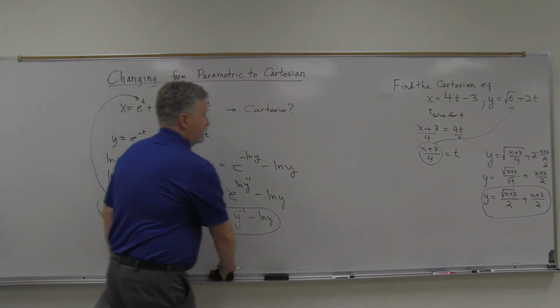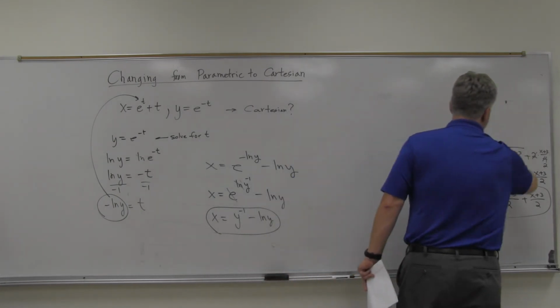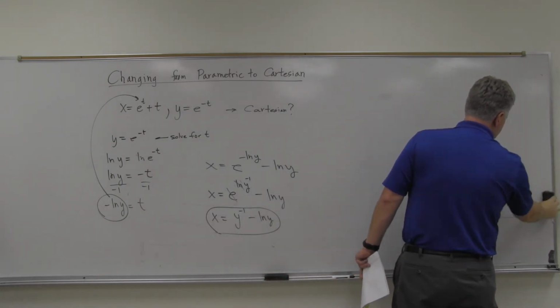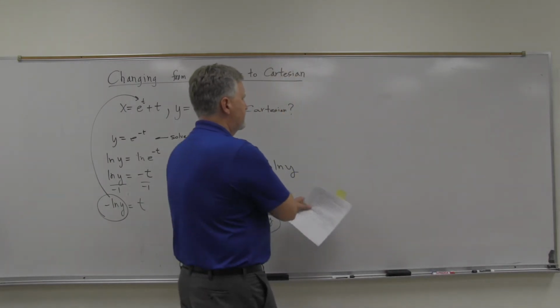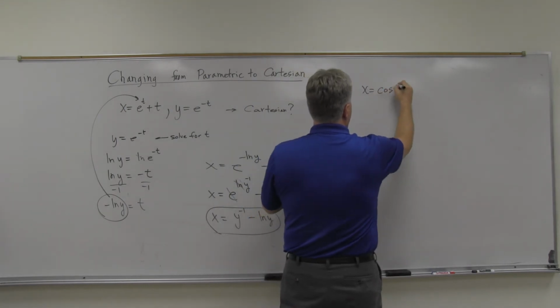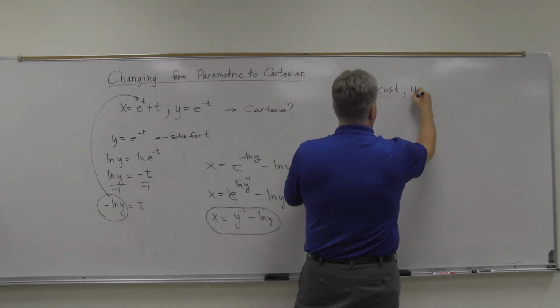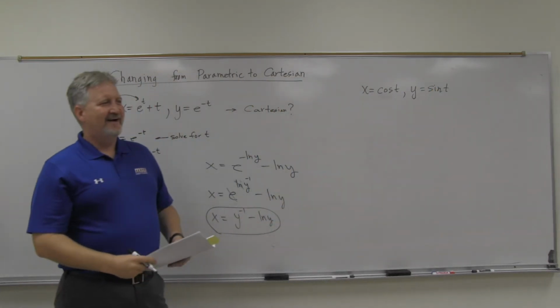The other one I was going to show you on this, change it to Cartesian, is one with trig functions, where it gets a little more tricky. But here's one thing. I'm not sure I gave you any of these, but it'll work, but just in case.